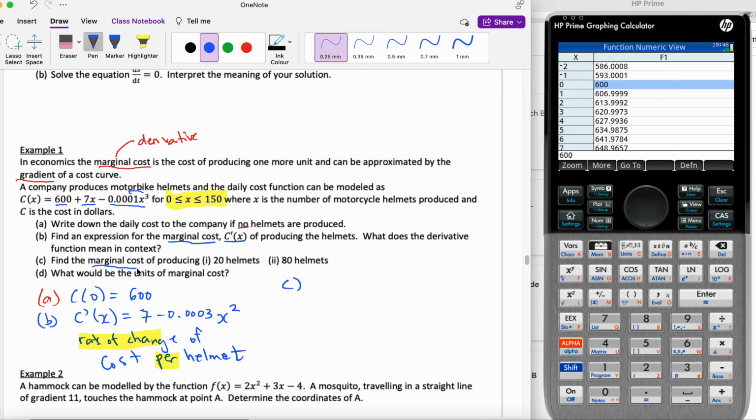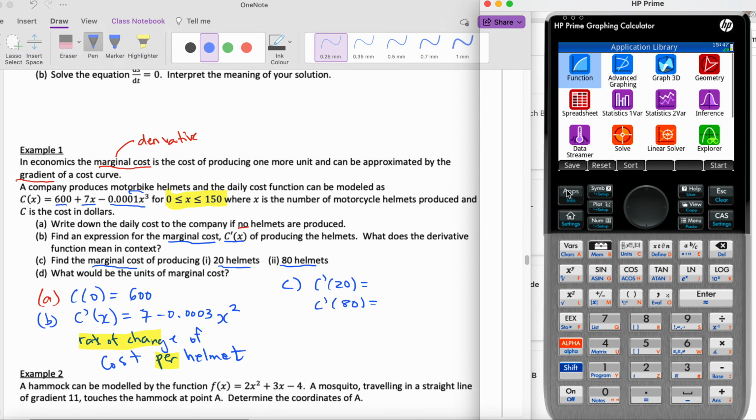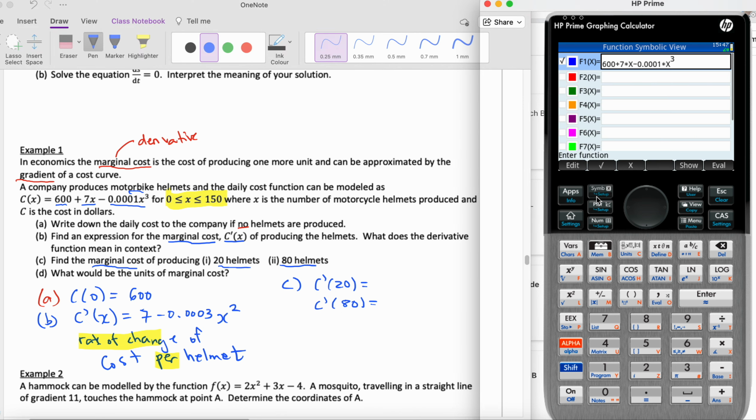Okay, find the marginal cost at 20 and at 80. All they're asking us to do is find the derivative value at 20 and at 80. If you would like, you can substitute this manually into your function. What I'm going to do instead is, remember, derivative is slope.